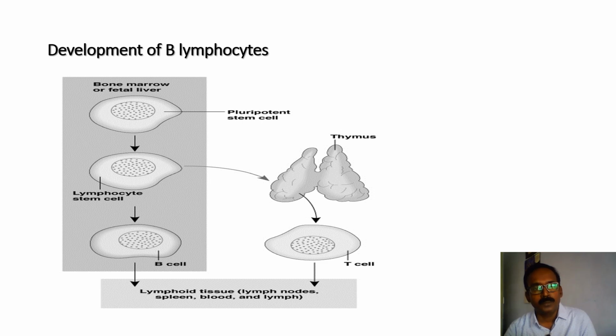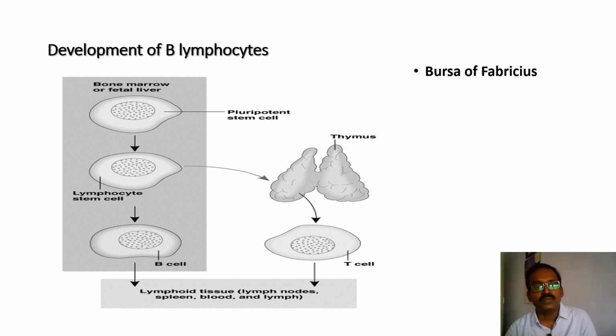Development of B lymphocytes. The B word is derived from the bursa of Fabricius in birds. So the B lymphocyte also develops from the bone marrow or fetal liver.